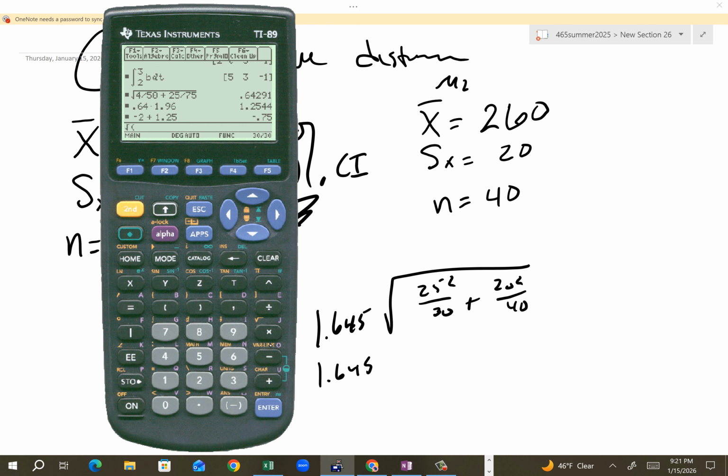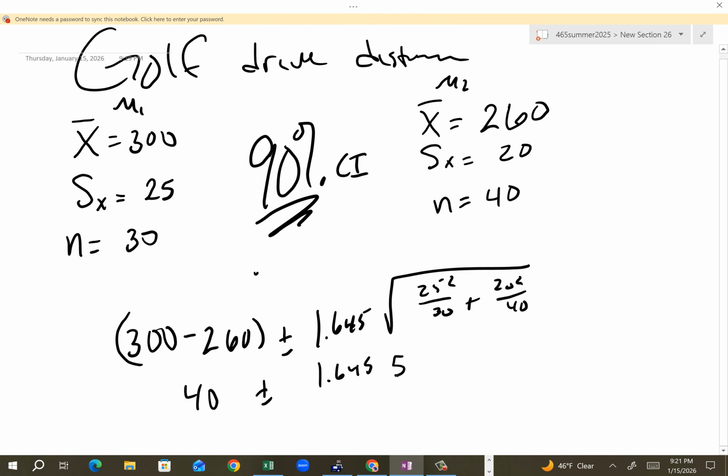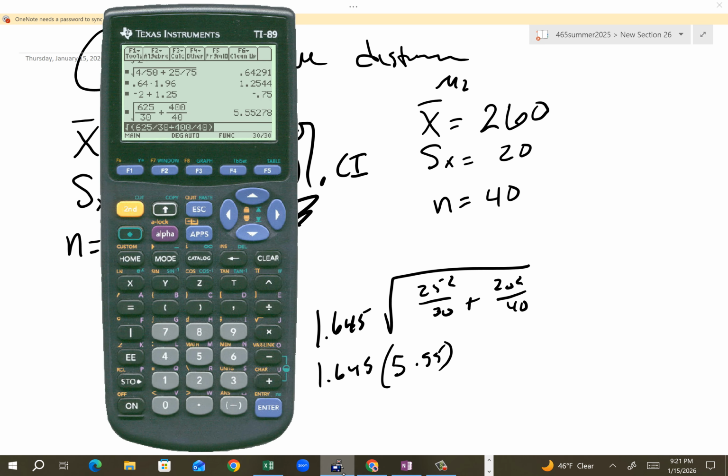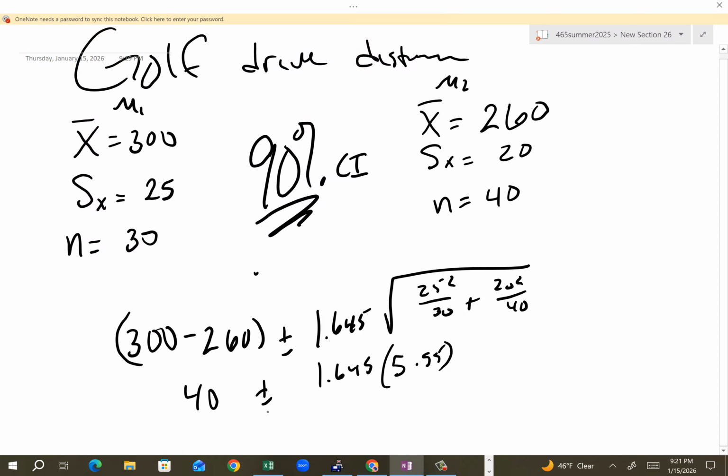Well, 25 squared is 625 divided by 30 plus 400 divided by 40. Bam, 5.55. So 1.645 times 5.55 is 9.13.